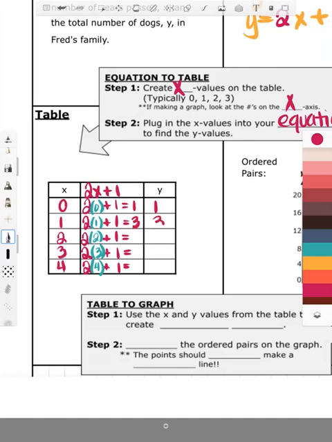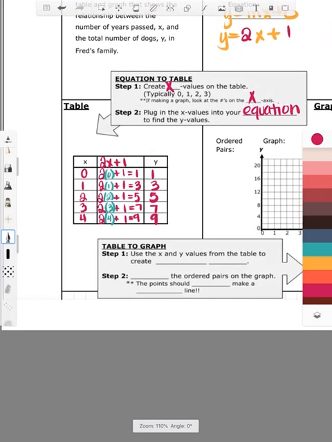So that's going to equal 3. 2 times 2 is 4, plus 1 is 5. 2 times 3 is 6, plus 1 is 7. 2 times 4 is 8, plus 1 is 9. So now we know what our x values are and we know what our y values are. So that's all there was to it when we're converting an equation into a table.